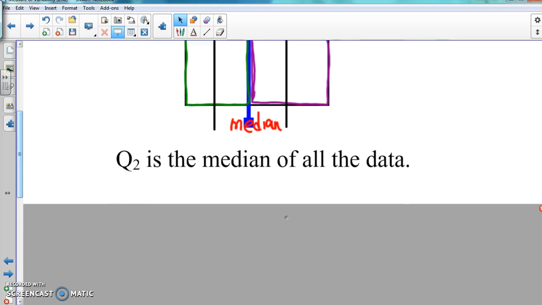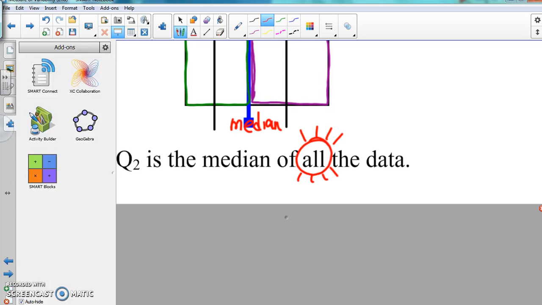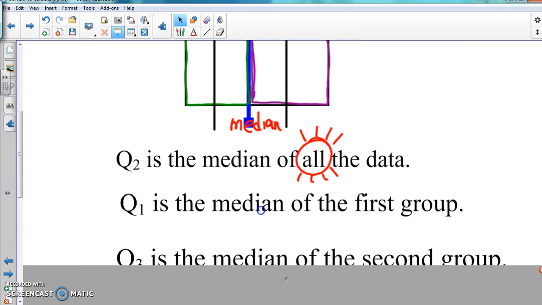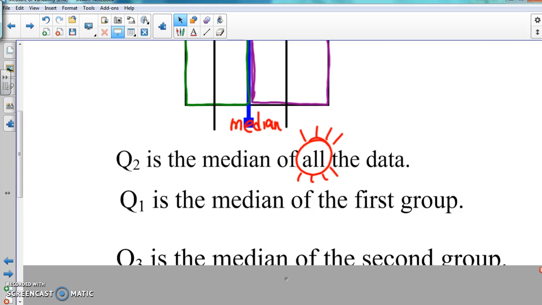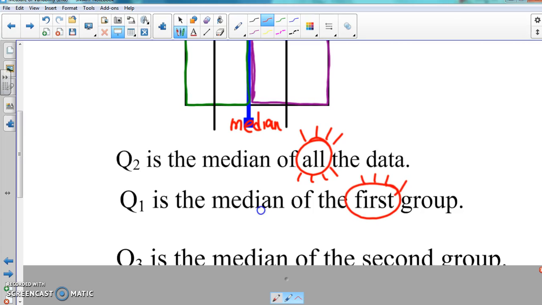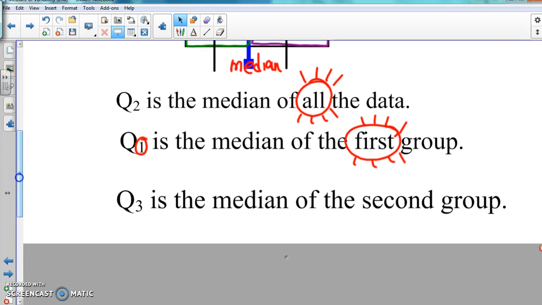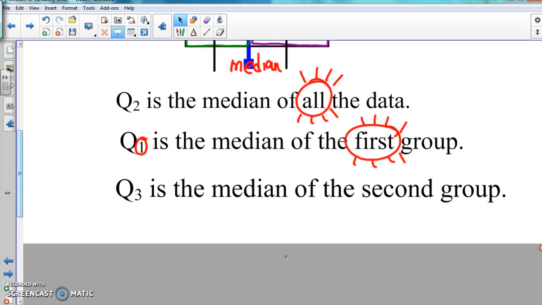All right, so this is just a quick summary of what we just wrote up there. Q2 again is the median of all the data. Q1 is the median of the first group, so Q1 first. And then Q3 is the median of the second group, Q3.